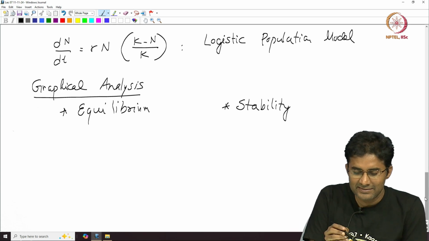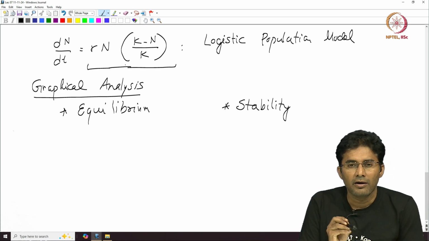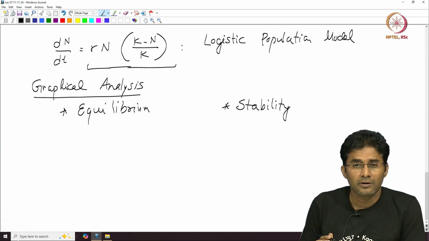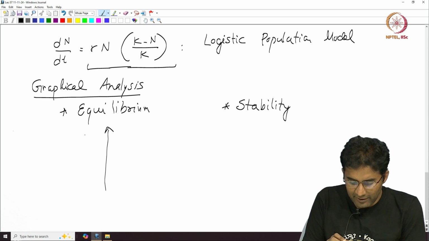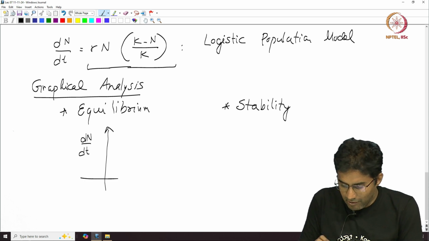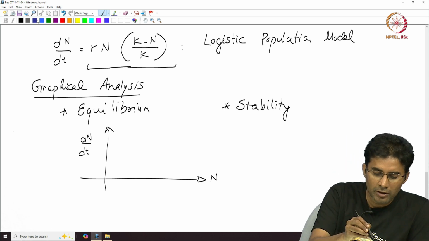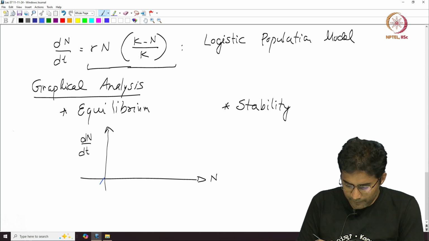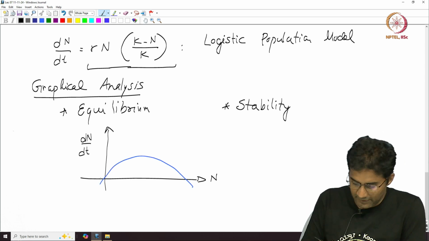The basic idea is that we plot the right hand side functional form of this population dynamical model. So on the y axis we write dN by dt, on the x axis we have population size N, and we then plot how this graph looks. For the logistic model, this graph looks like this, where this is 0.